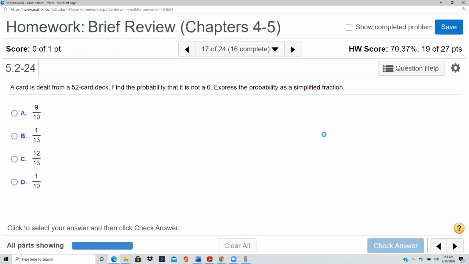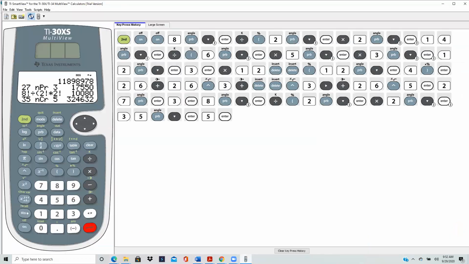So equals, simplify. It gave me a decimal. Do you have a way of simplifying it into a fraction? I know that's the kind of thing students know, but I always have to learn how to do it.